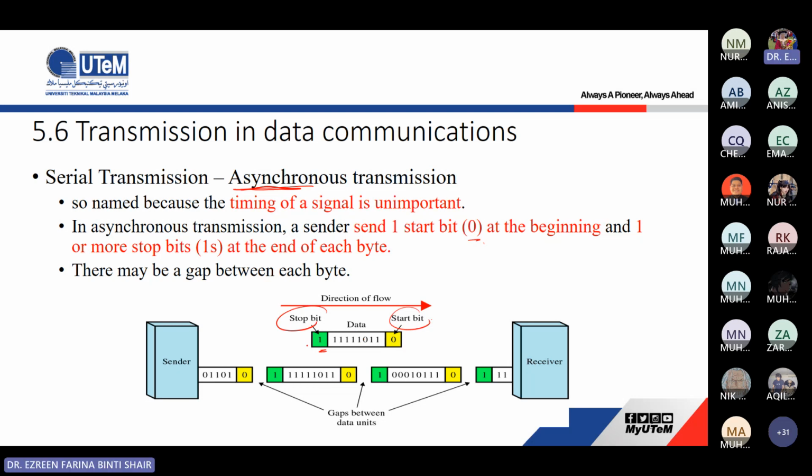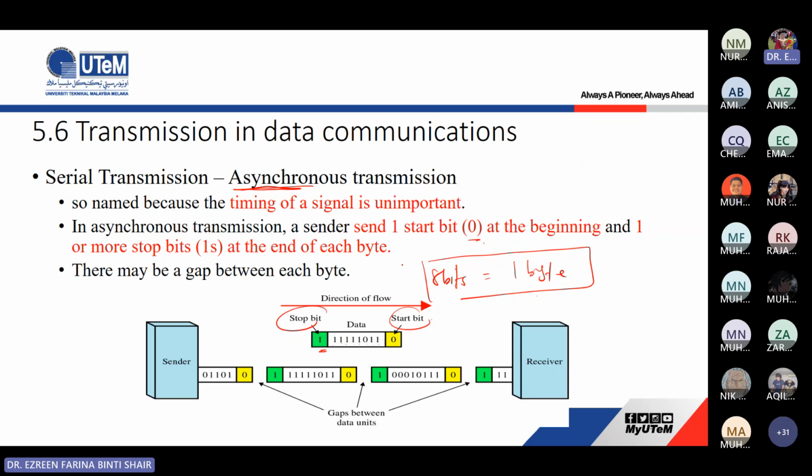For example, for this one, we have 8 bits: 1, 2, 3, 4, 5, 6, 7, 8. So you want to send 8 bits. Remember, 8 bits equals 1 byte. So when I say 1 byte, you should know that 1 byte is 8 bits.